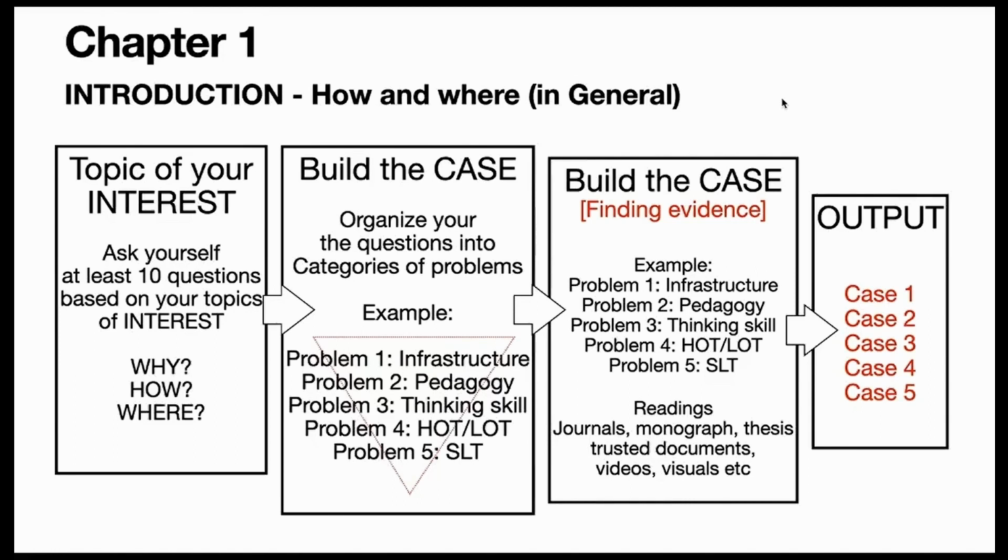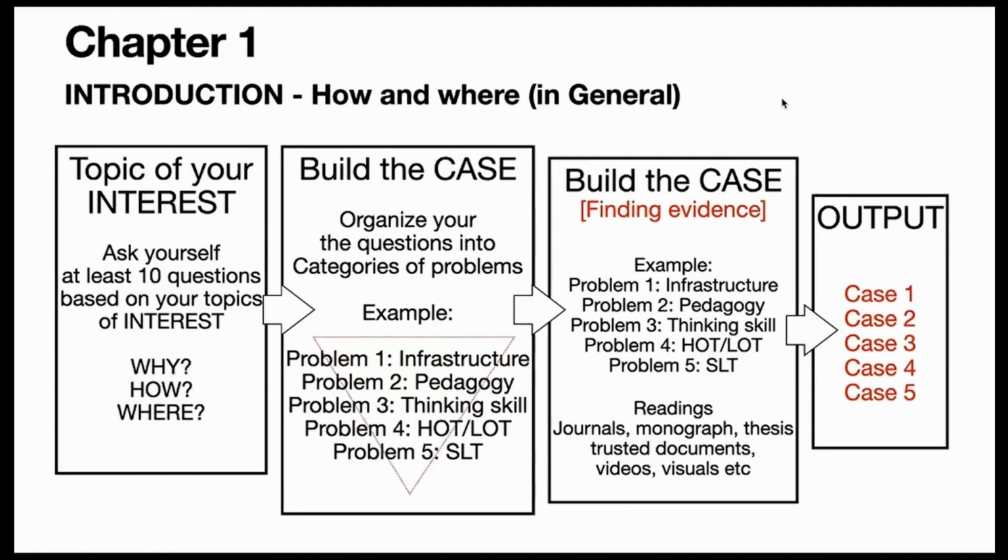You need to find evidence. Let's say, for example, in this slide, problem 1 is infrastructure, problem 2 is pedagogy, problem 3 is thinking skill. Out of 10 questions, you find 5 problems, and the 5 problems are interrelated.